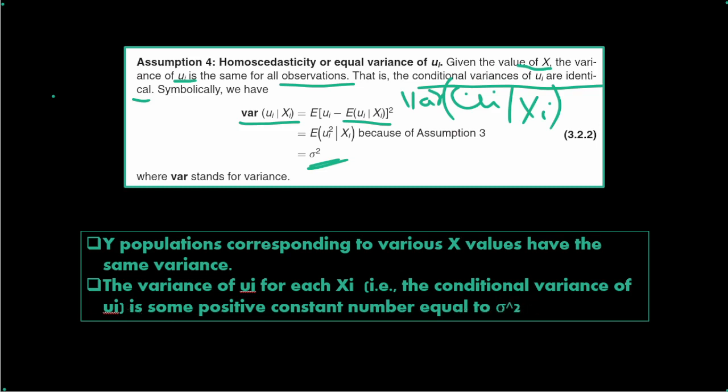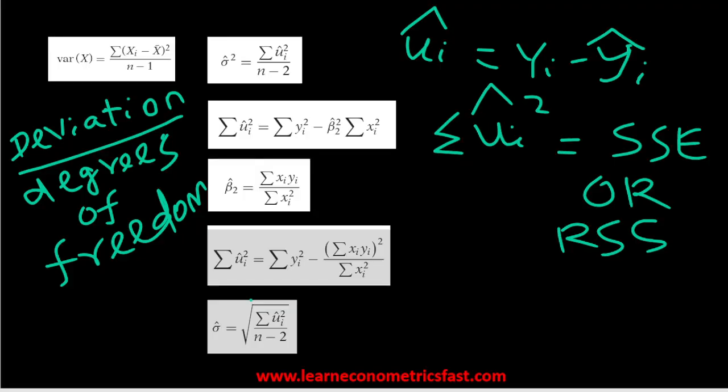We know about formulas like this. We have already done this part, which is for x. If it is the x variable, then we find the variance like this, and we studied the sigma square estimate.